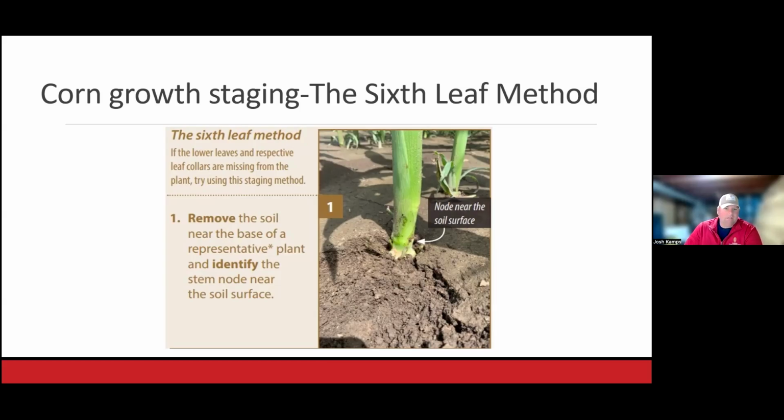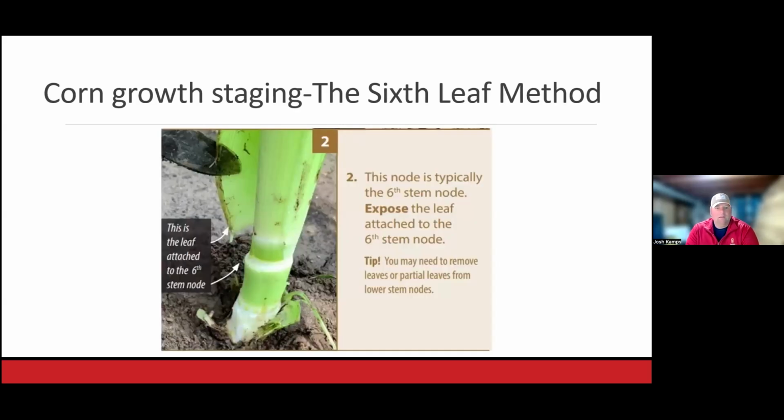So it's called the six leaf method. First we clear out that space by the surface of the soil and we're looking for that node. I think this picture does a pretty good job of showing that bulge or that node on that corn plant. This node is typically that sixth stem node.